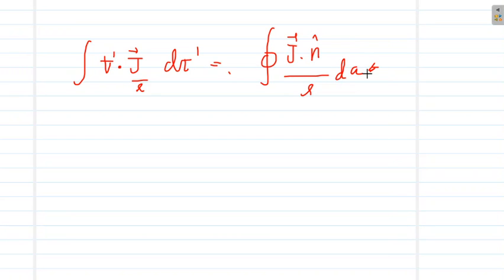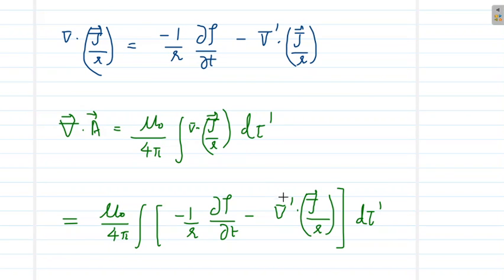If we assume that j bar is equal to 0 at infinity, this surface integral will vanish. So if current density is 0 at infinity, the surface integral will be 0. So we can assume this second term to be equal to 0, and we are left with the first term alone. So let us modify that.